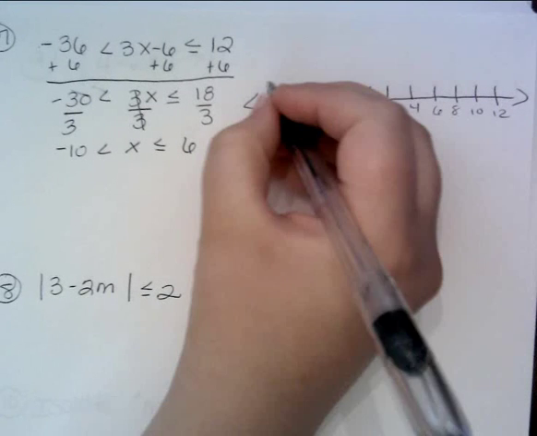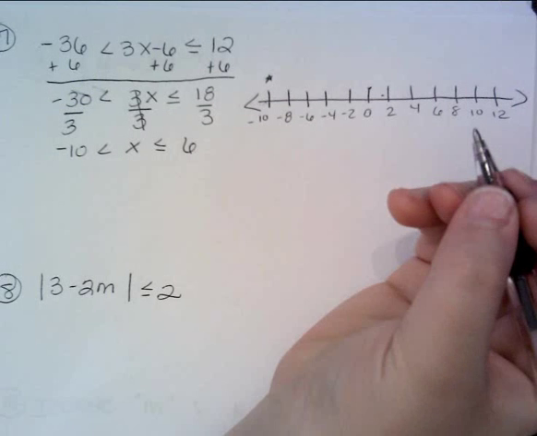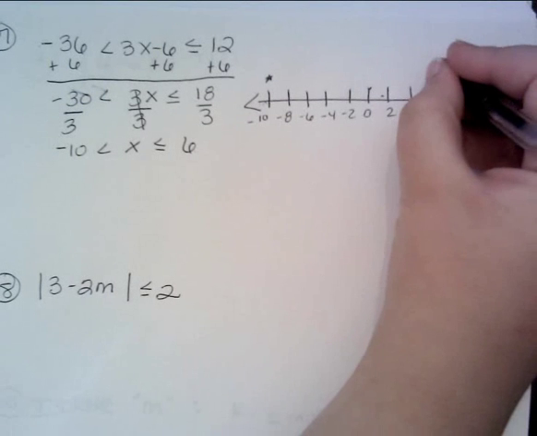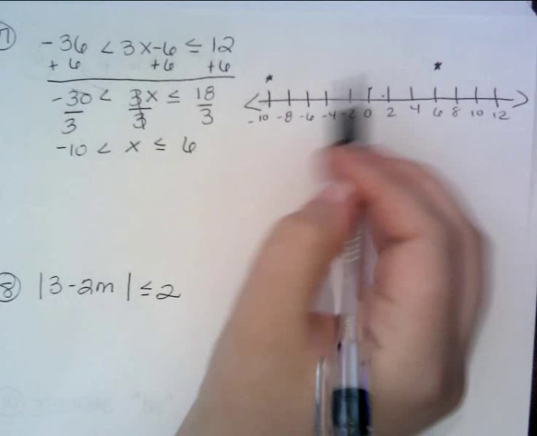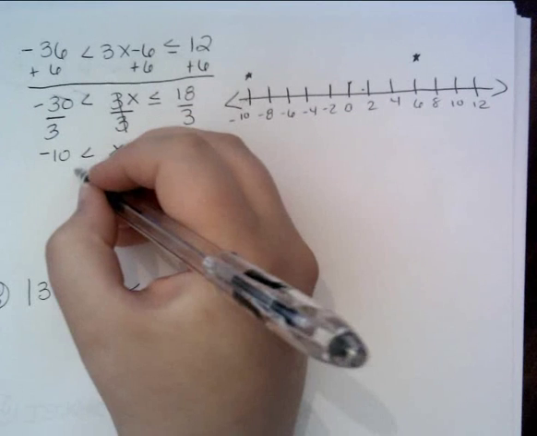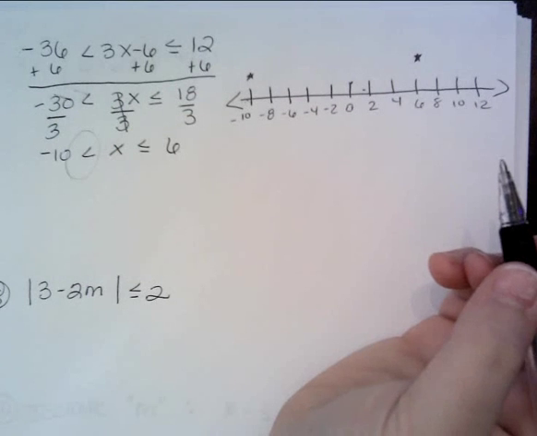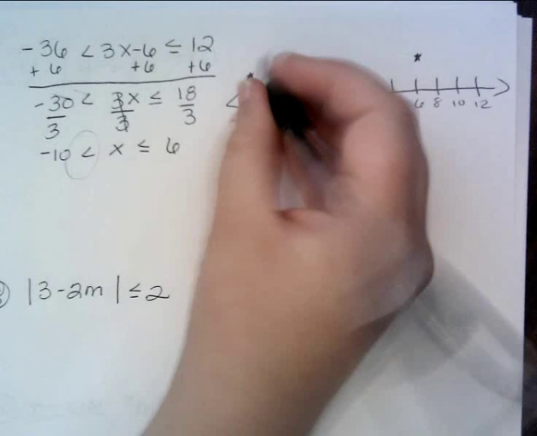Well, on negative 10 is a less than symbol. Okay, so that means that we're going to use a parentheses. And then 6 is a less than or equal to. So we're going to use the bracket.